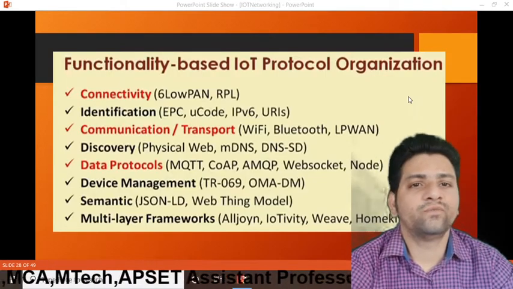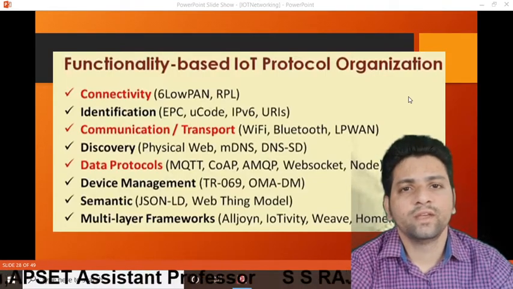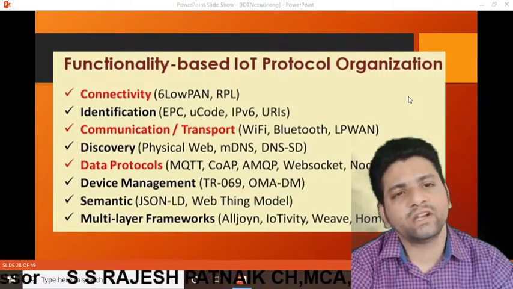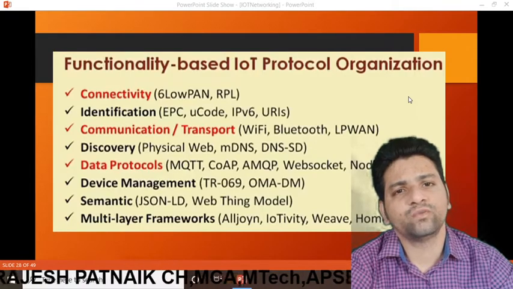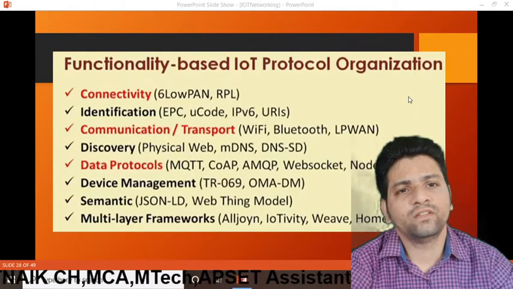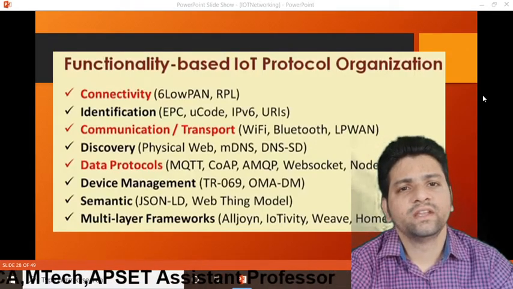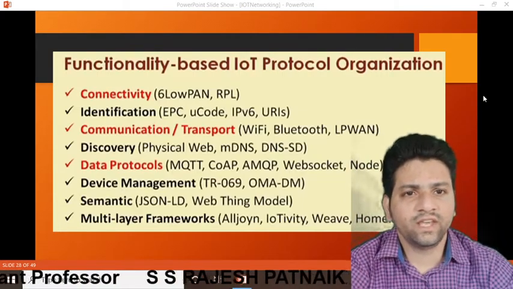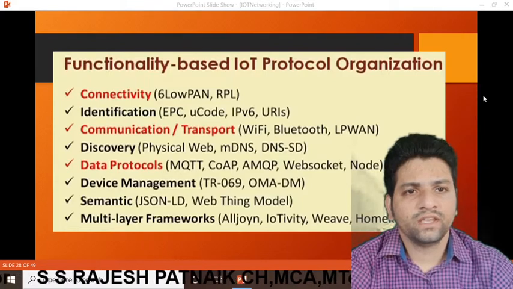Okay, next comes identification protocols. In the identification protocols, there are lots of IoT devices.